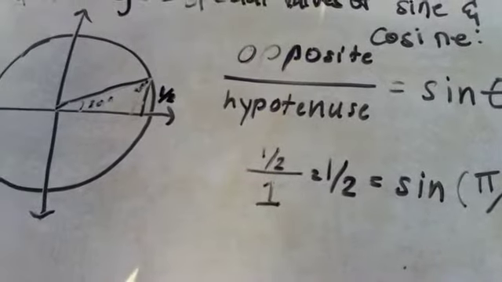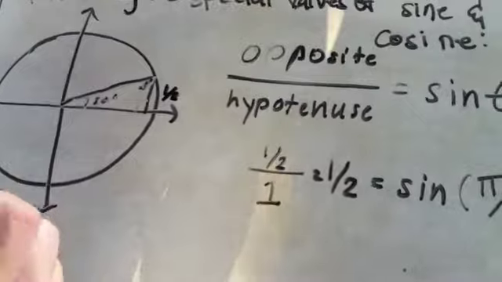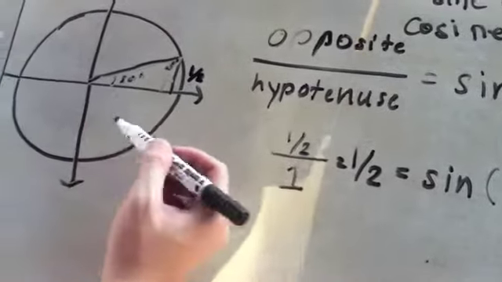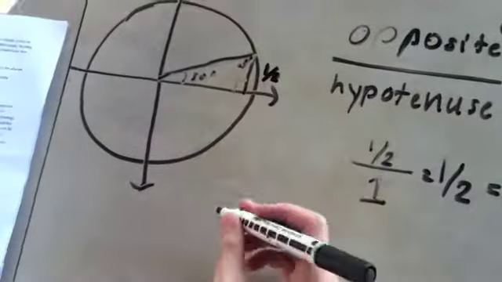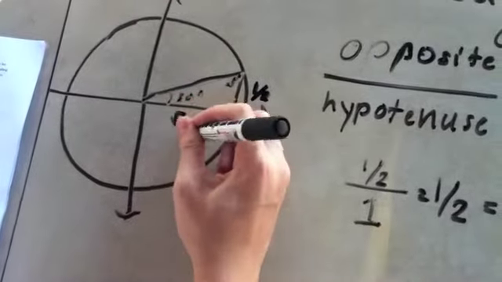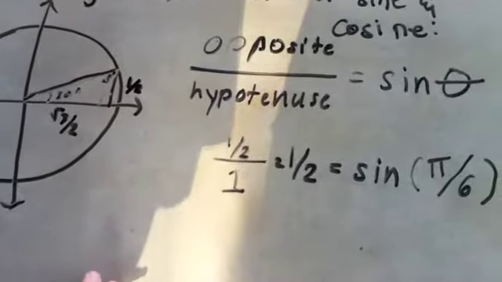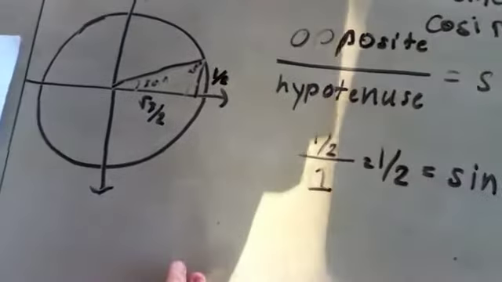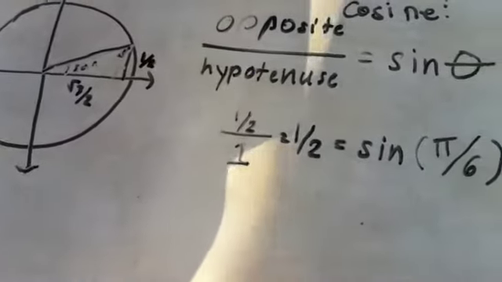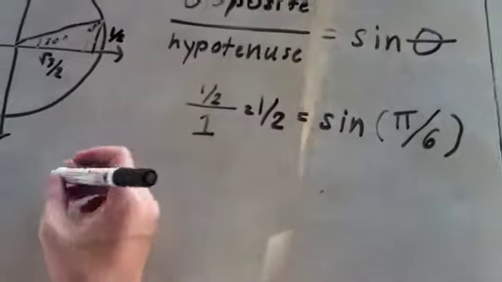Also, the side opposite to the 60-degree angle is square root of 3 over 2. Substituting square root of 3 over 2 as the adjacent side, we can get cosine 30.